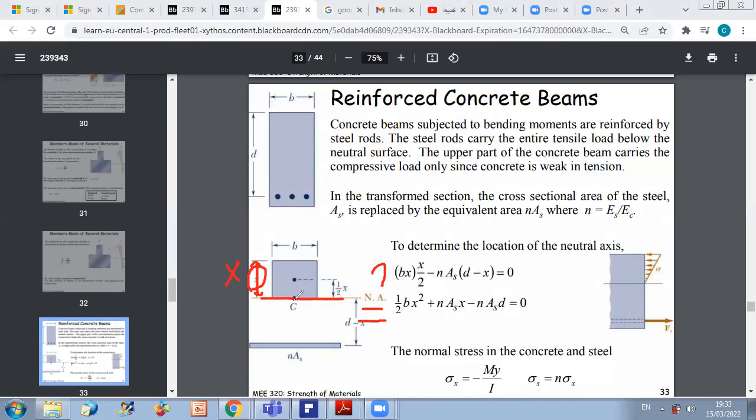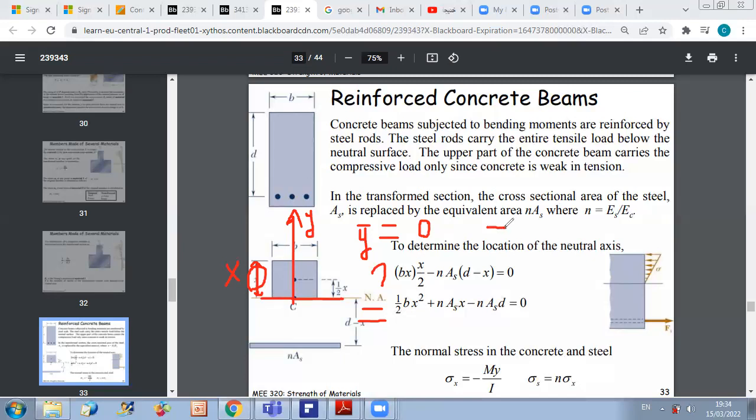So let me take a y vertical axis passing by this centroid, and then I know that y bar of this modified section should be equal to 0 because it is on the neutral axis. And by using the formula of y bar, it's summation of ai yi over a total.